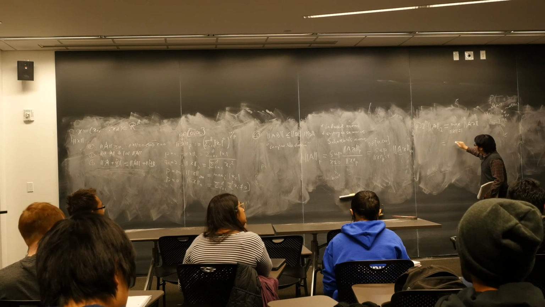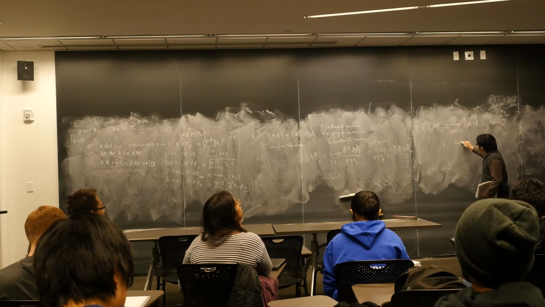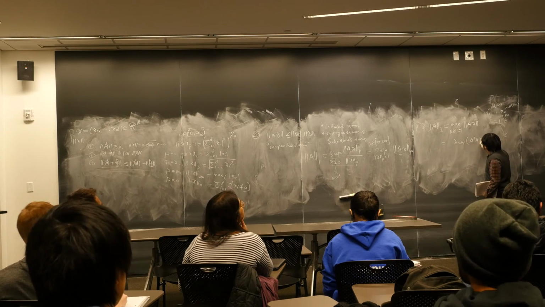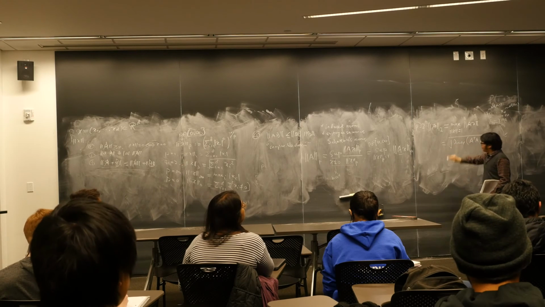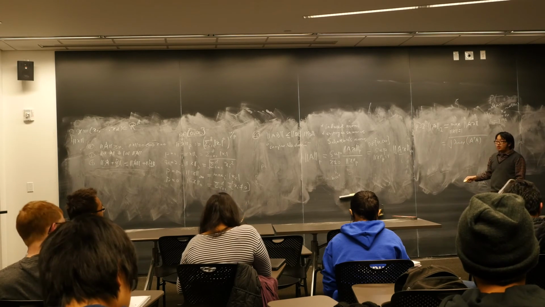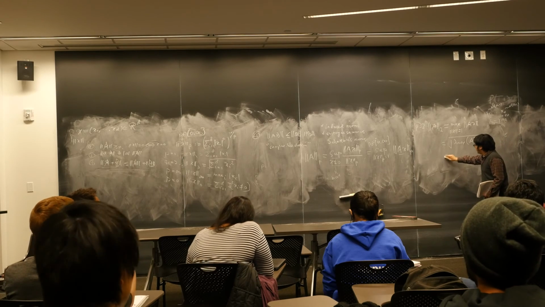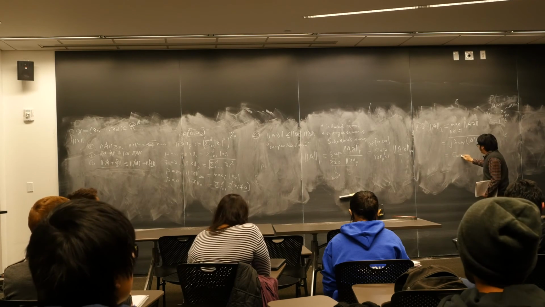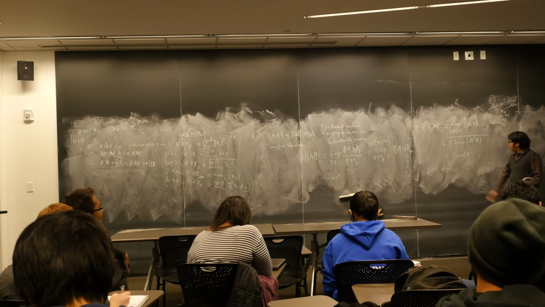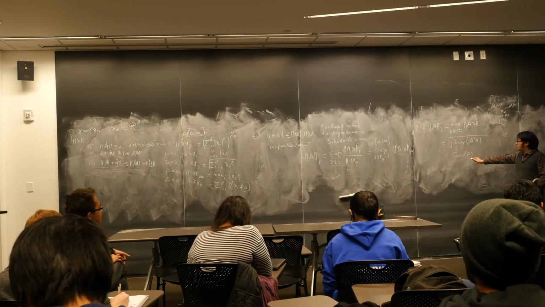It will be the square root of the largest eigenvalue of A transpose A. And if you know singular value decomposition, that will be sigma max, the largest singular value of A, no matter whether A is square or not.